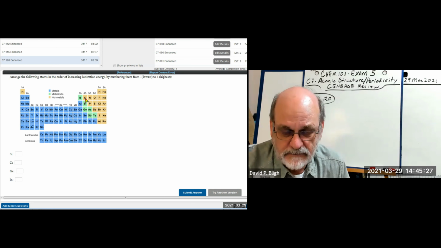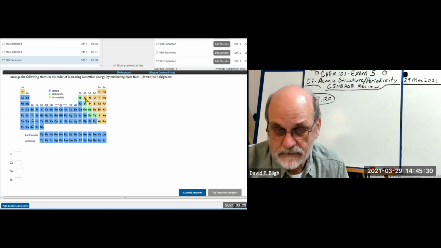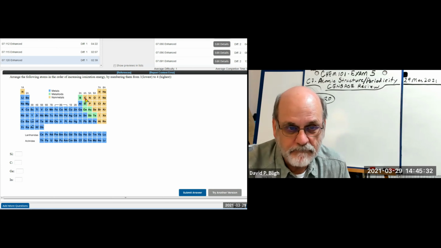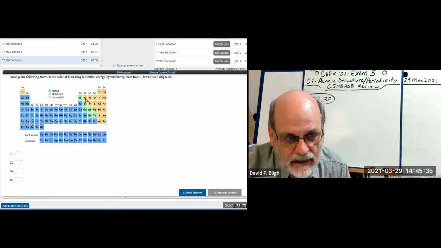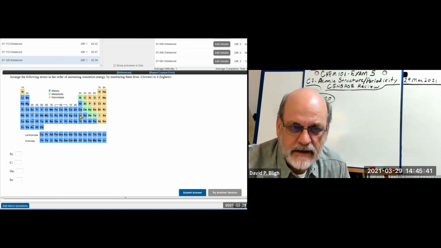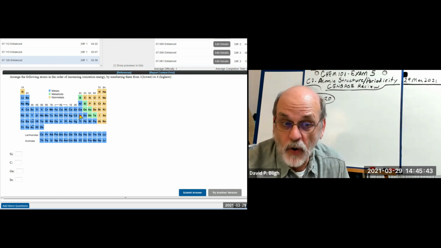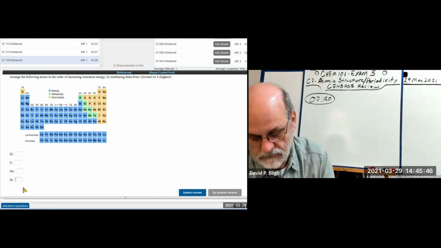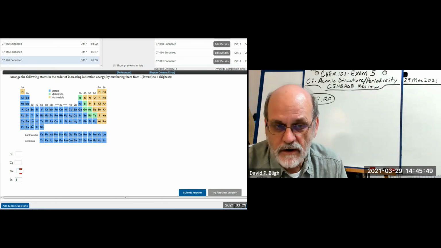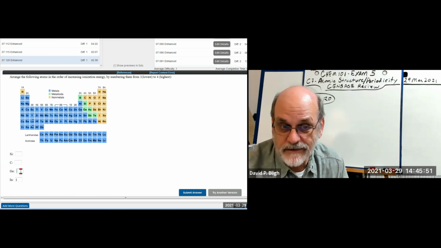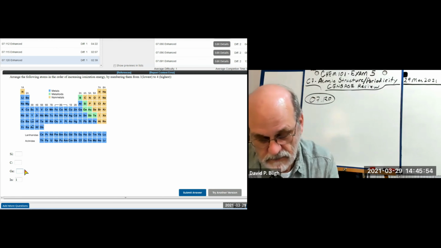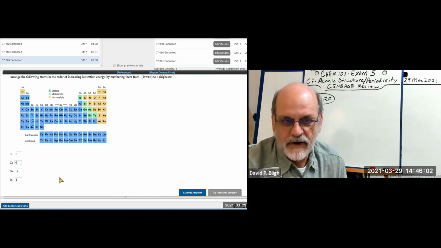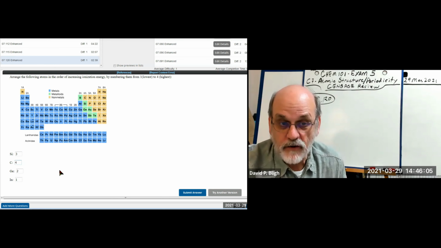Carbon is above it, right? It would have a higher ionization energy. Germanium is down below, and indium is over here. So indium would have the least, be number 1. And the other 3 are in the same family to the right of indium. So they would go to 2, 3, 4, because carbon would have the highest ionization energy out of that group.